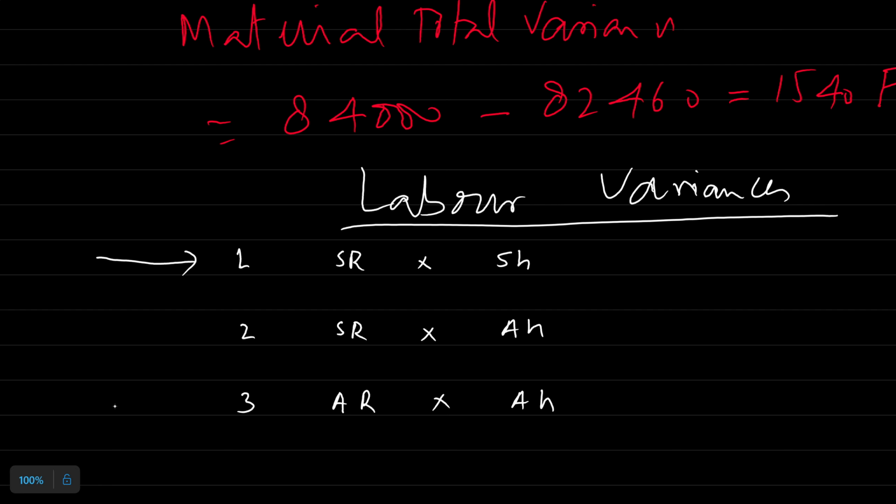First line all standards, third line all actual, and in the second line rate will be standard while hours will be actual, and we have to multiply all lines with actual number of units.